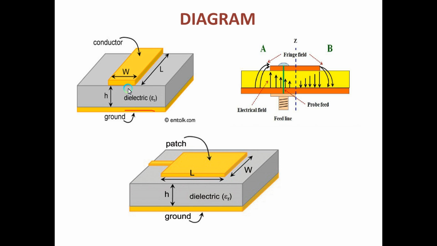When we give power between the ground layer and the patch layer, the energy goes through the transmission line. The energy is transferred from one end to the other end. So this is called a transmission line.